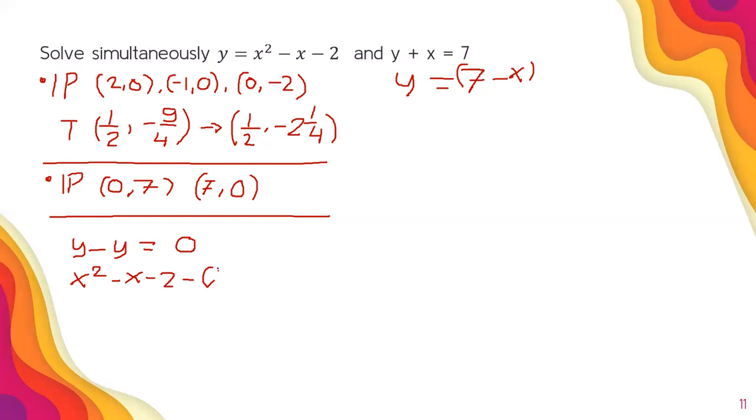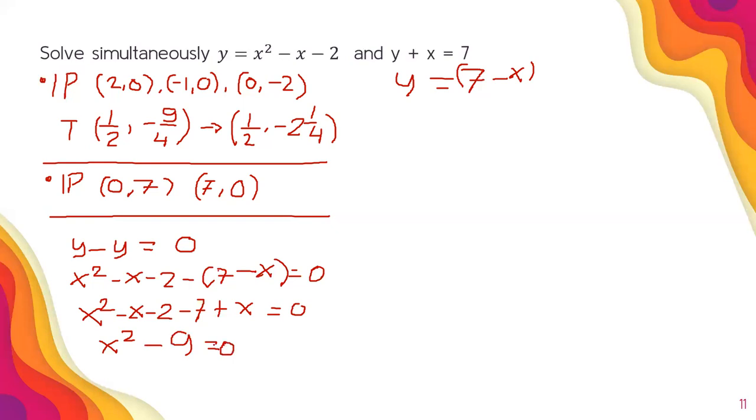So this one, it means 7 minus x equals 0. So we could simplify, become x squared minus x minus 2 minus 7 plus x equals 0. So x squared, without x, because negative x plus x equals 0, minus 9 equals 0.